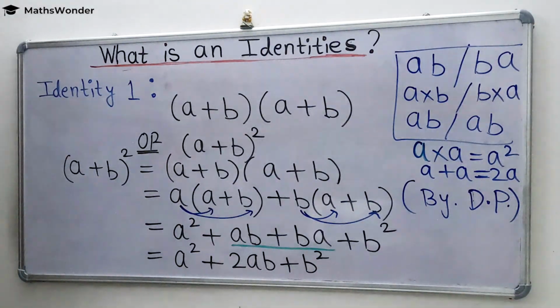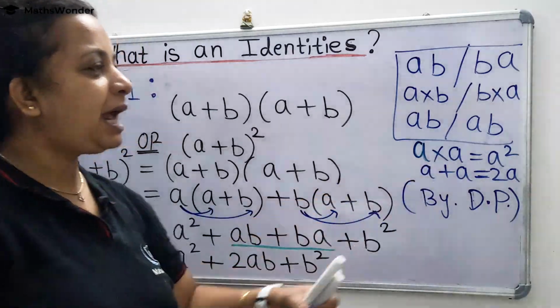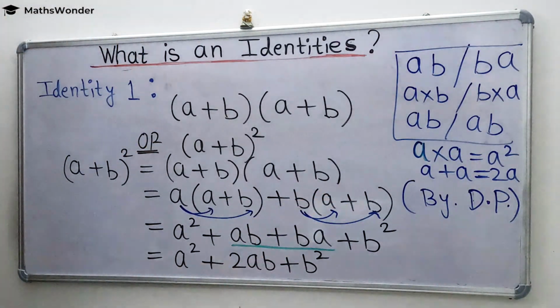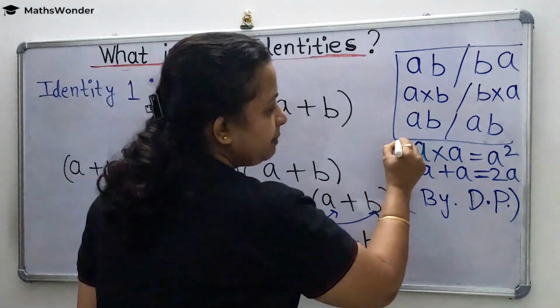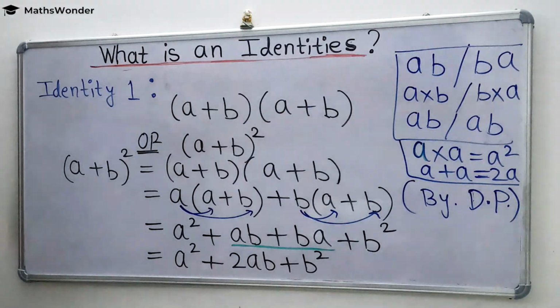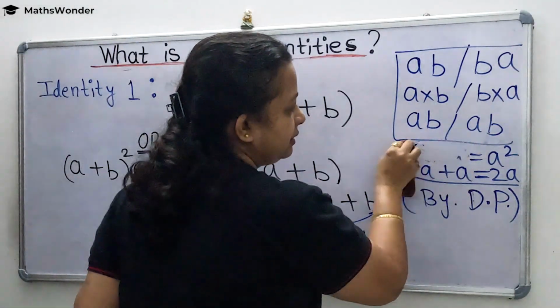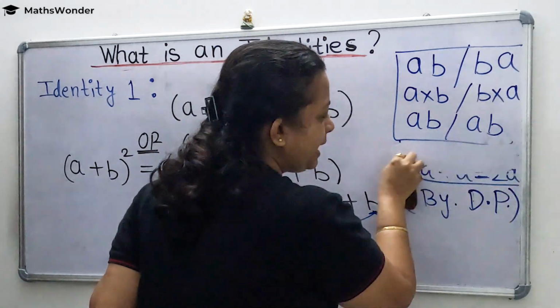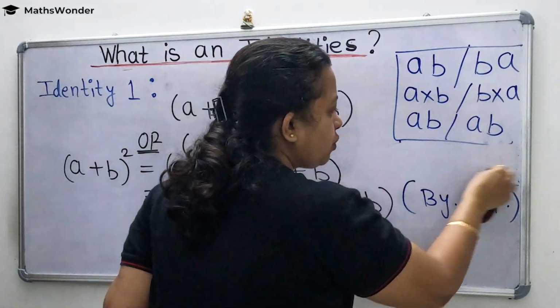Remember the property. Remember this fundamental: when you multiply two numbers, it will go in the square, but if you add, it will become 2a. The same concept here. ab plus ab will be 2ab, not ab square.